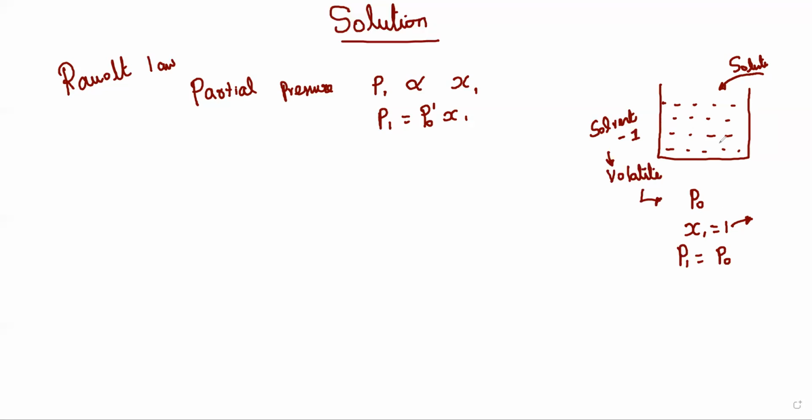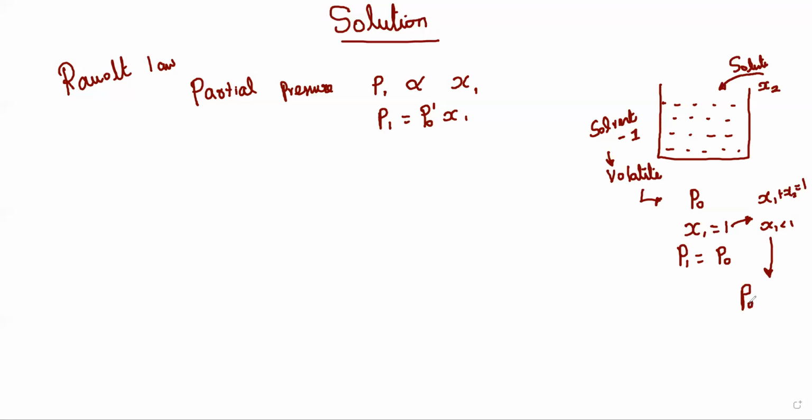If I add any solute, the mole fraction must be reduced. If the mole fraction of the solute is x2, then x1 plus x2 must be equal to 1. So automatically, the x1 value will be less than 1 only.